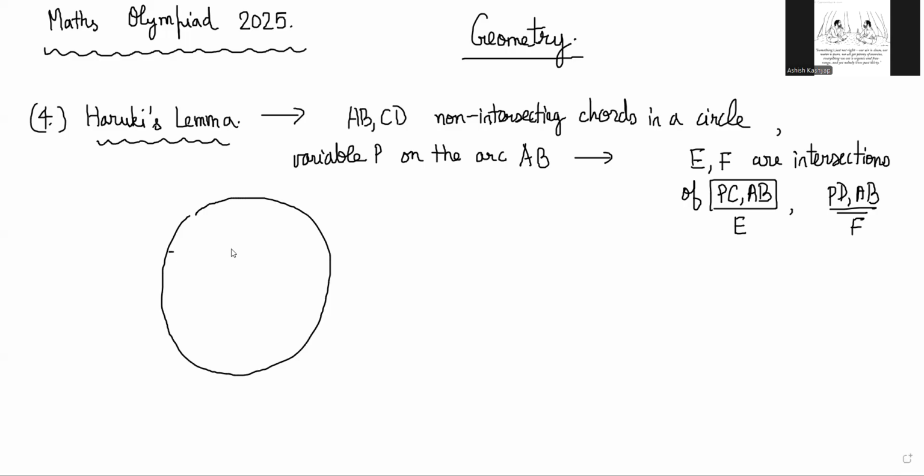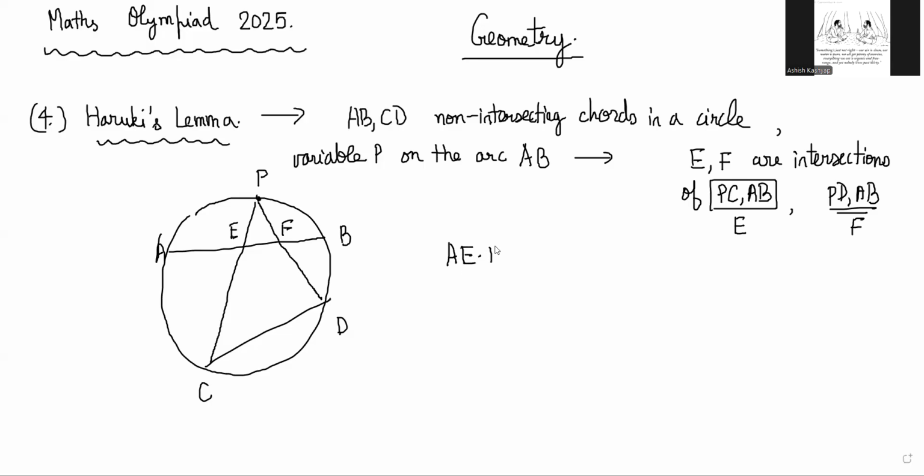You have one chord here, AB, one chord here, CD, P is a point somewhere here, and PC and AB intersect at E, PD and AB intersect at F. The lemma says that the value of AE times BF by EF is constant and does not depend on the position of P.